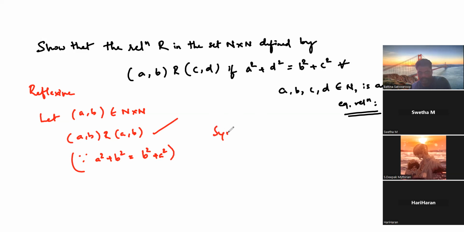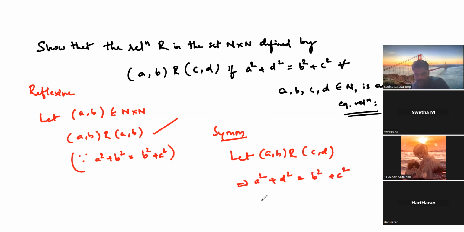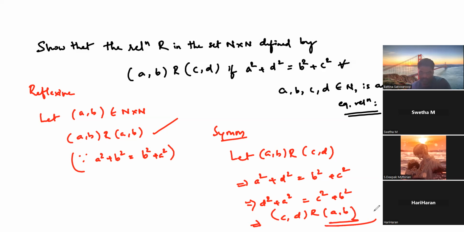So reflexive is done. Next, checking for symmetric. What shall we do? Let (a, b) be related to (c, d), that implies a square plus d square is equal to b square plus c square, that is equal to d square plus a square is equal to c square plus b square. That will imply (c, d) is related to (a, b). That is all, right? Yes, sir. We just rewrote it, the story is finished. If you note it down, I will show transitive. Noted, sir.